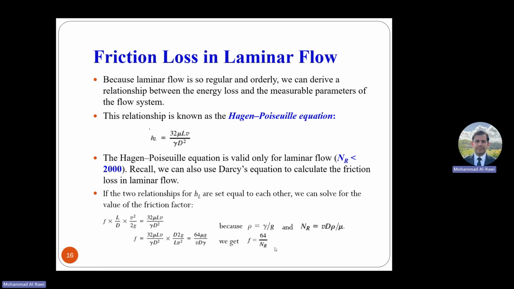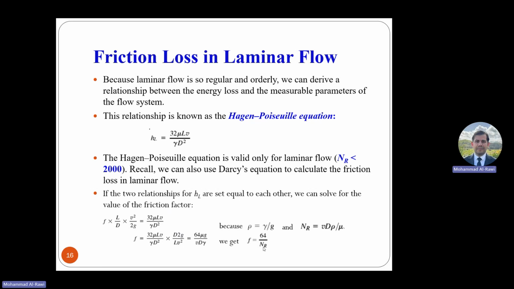So that is f for laminar flow, calculated based on this equation, 64 over Reynolds number. We still need to get this value f, and after we find it, we need to use it in this equation to find the losses through, for example, the suction or discharge line, to determine the friction energy loss.